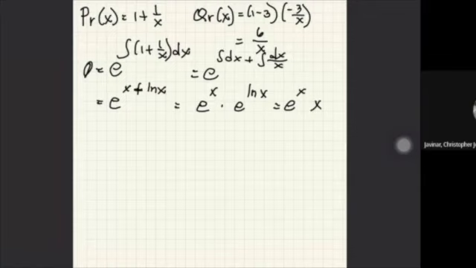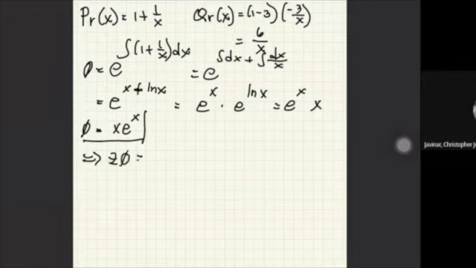Okay? Or, rearranging it, x times e to the x. That's our integrating factor. So our next line should be, sa formula, z integrating factor equals the integral of the integrating factor times QR of x, QR of x dx plus c.